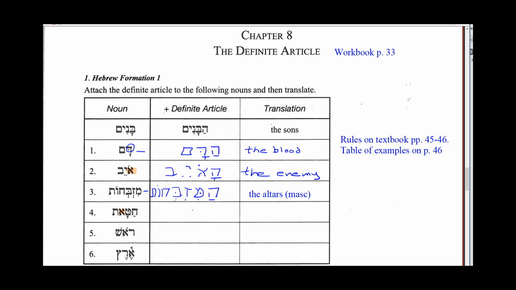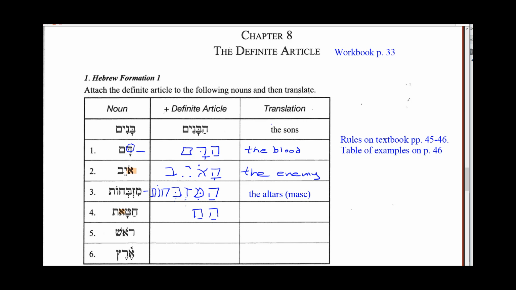When we have a chet at the beginning of a word, and it has anything but a qamets, so it's going to have a patach, what comes before that is going to be the hey for the definite article, but in this case, it's just going to be a patach. Even though this is a guttural, we say that the chet will absorb the doubling.